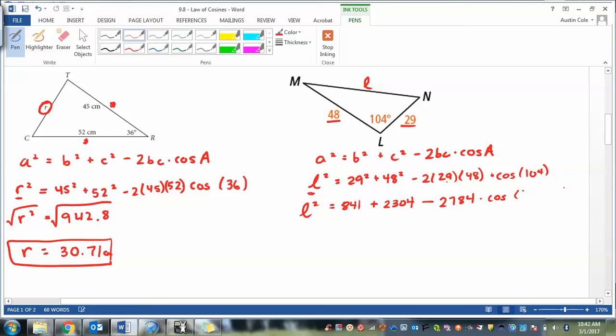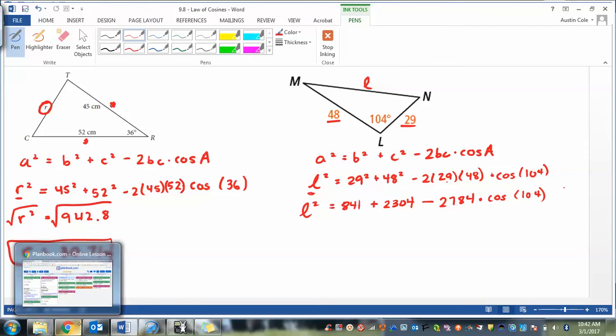If I wanted to multiply by 104, I certainly could. But I want to talk about this. This will lead into the next example very well. What do I do now? You'd add the 841. Can I legally add these two together? Yes, I can. Can I legally subtract these two?